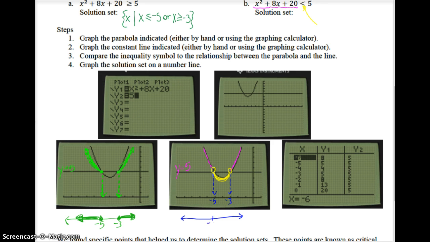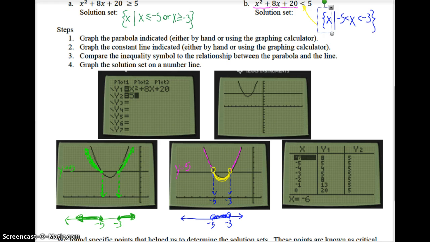But just like we learned before, when the shading is between, we're going to have open circles. When the shading is between, the solution set also shows it being in between. So we're going to write this as all values of x such that x is between -5 and -3, not including either one of those numbers.